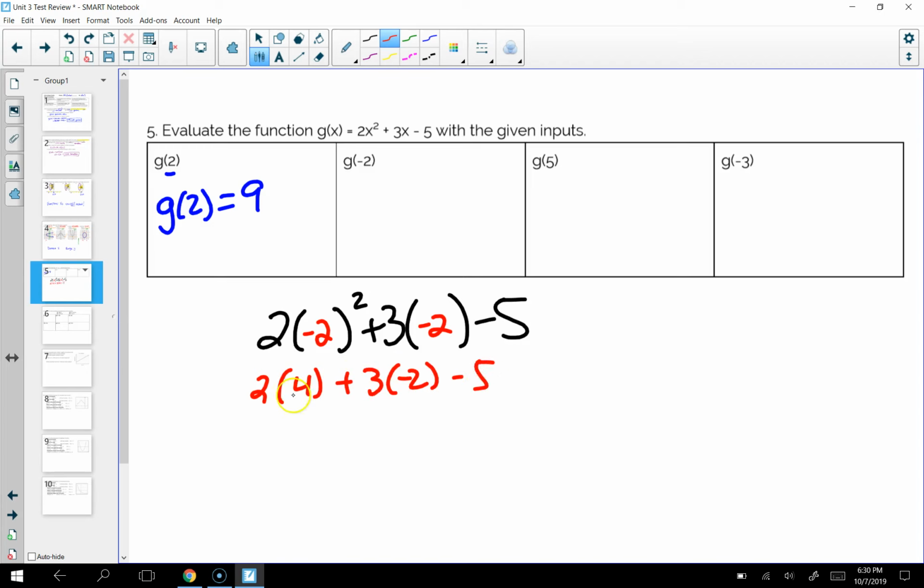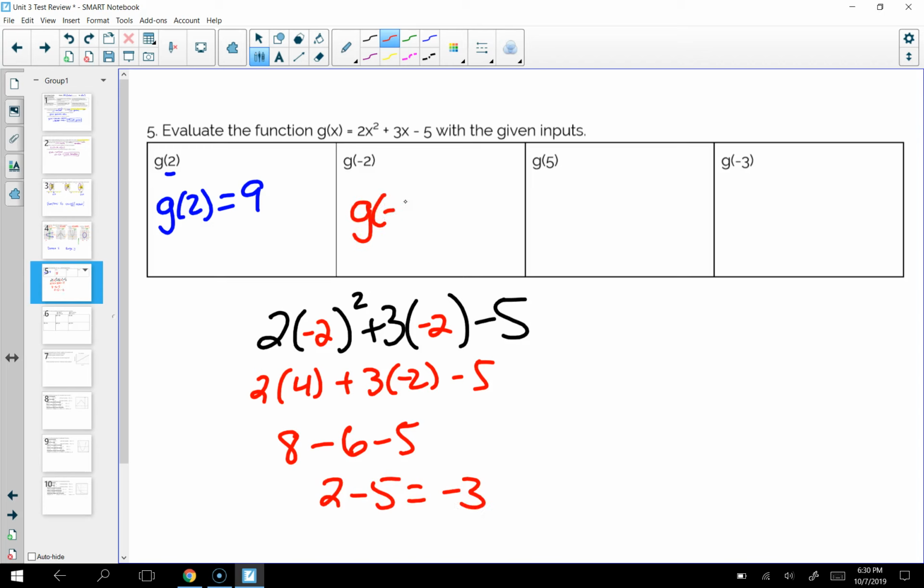All right, 2 times 4 is 8. 3 times -2 is -6. Still have that minus 5 on the end. 8 minus 6 is 2. 2 minus 5 gives me a -3. So when I replace the x with a -2 in my function, I get -3 out of it.